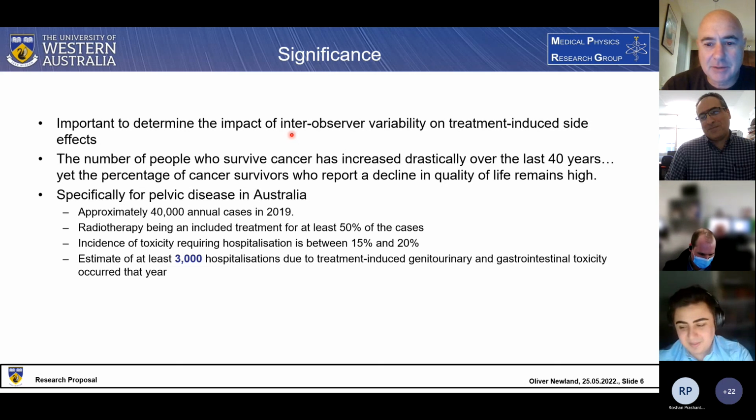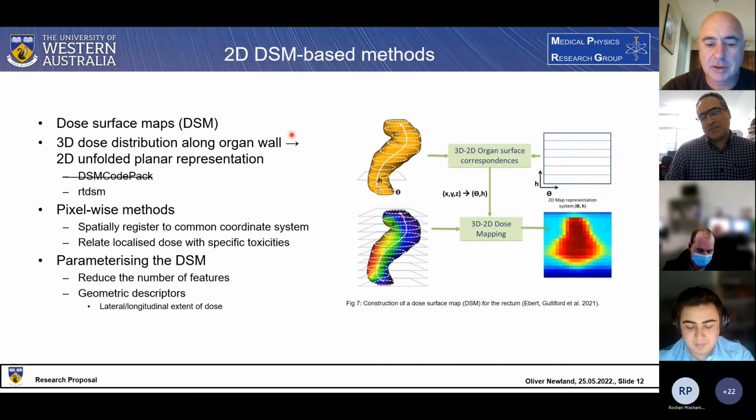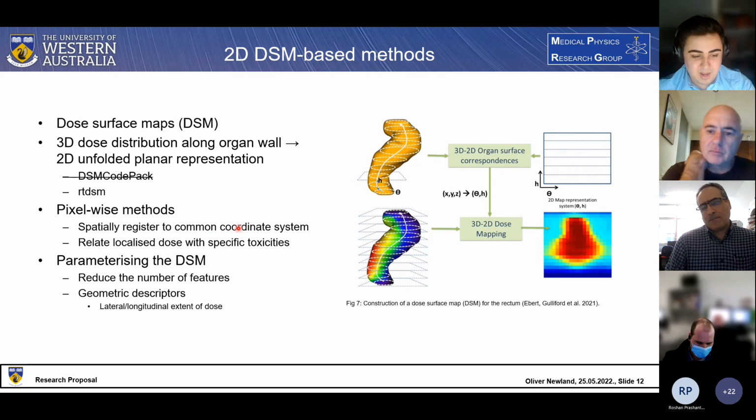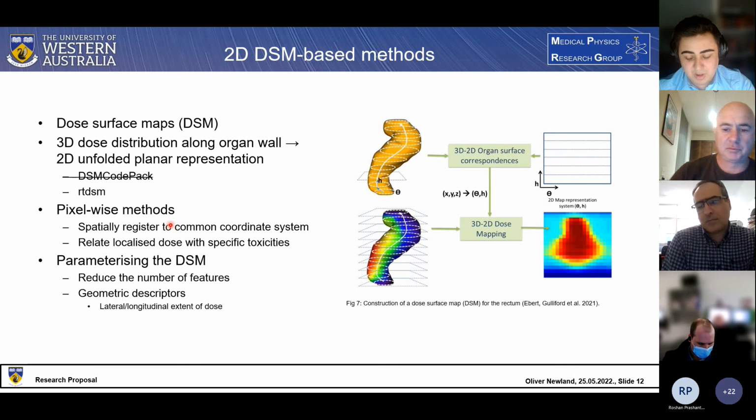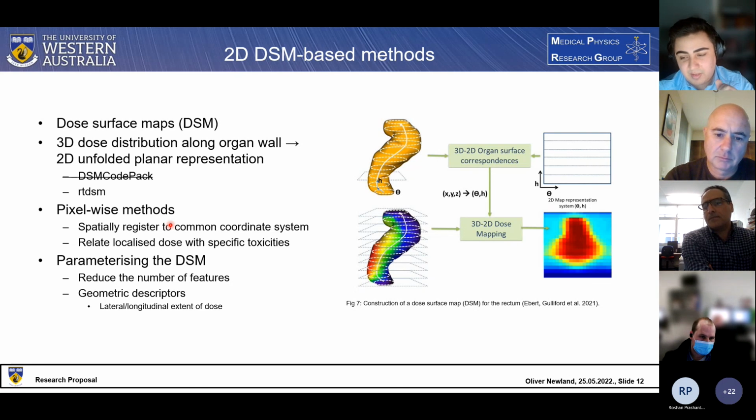Just one question about the dose surface maps. When you're looking at the difference between observers and the effect on the dose surface maps, how do you think you might quantify that difference? Well, it depends what method you're going with. If you're going with pixel-wise methods, you would basically just look at where the dose is more localized on one map, and you'd calculate the distance between these localized regions.